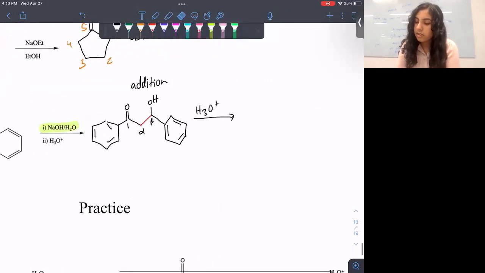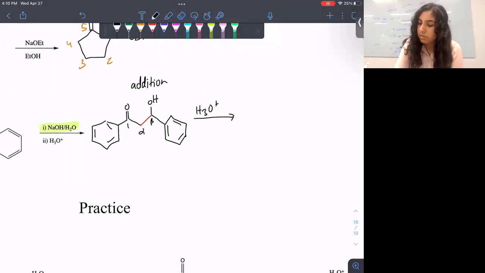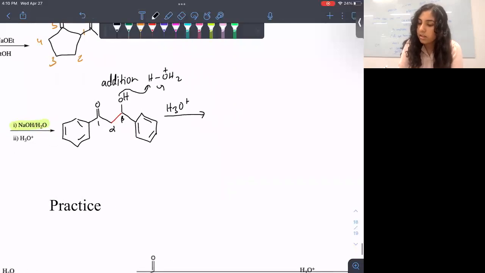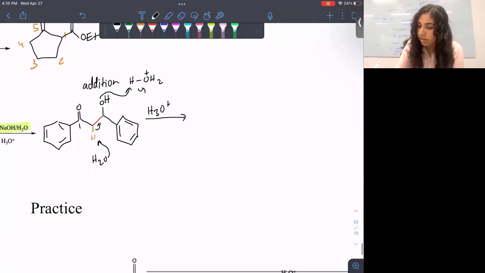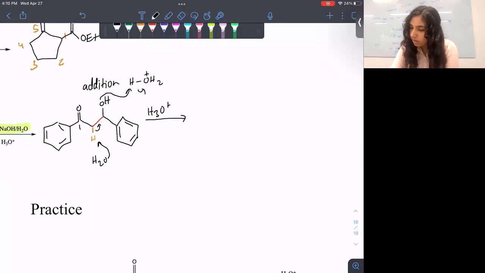So after we get this aldol addition product, we go in with some acid. So what H3O does, the alcohol is going to protonate itself, so it becomes water, a good leaving group. And while that's happening, we still have alpha protons left. So with these alpha protons, we're going to form the enolate again. So we're going to send H2O in to do our elimination and then create the enol again. Except we're not creating an enol since this is a leaving group.